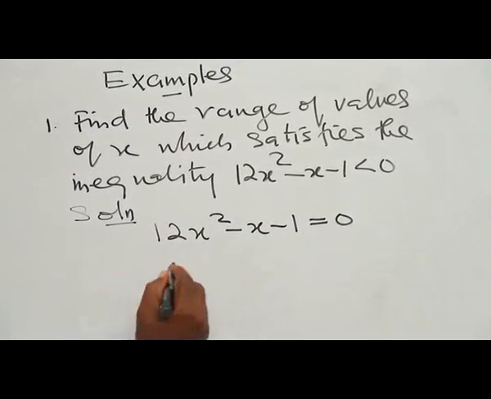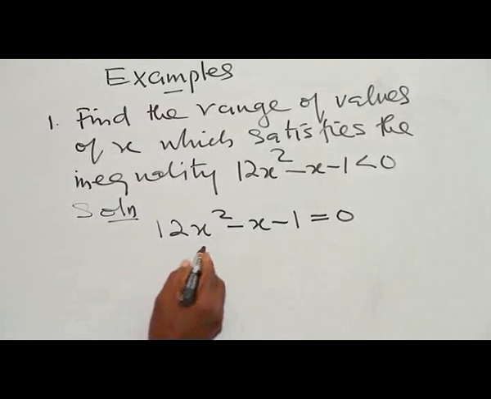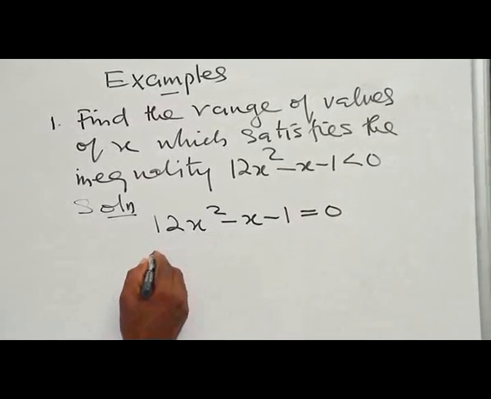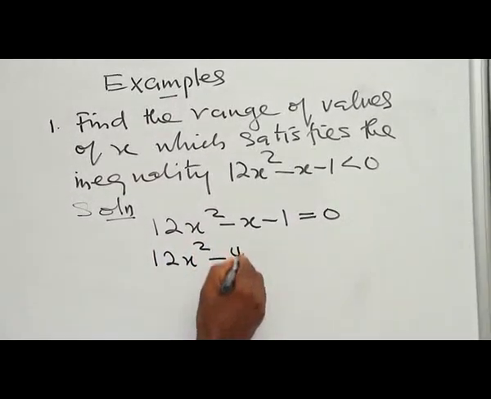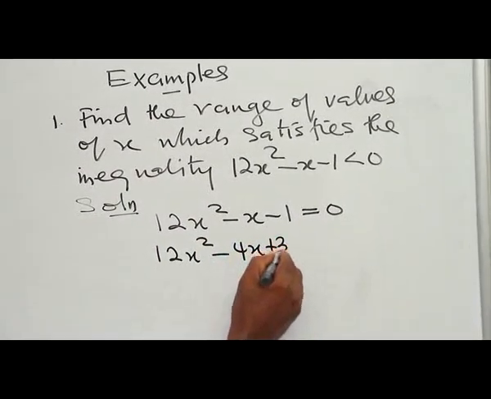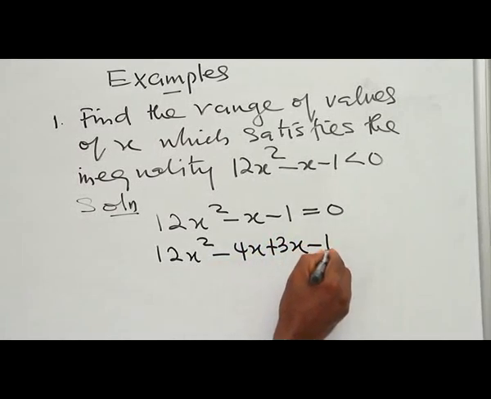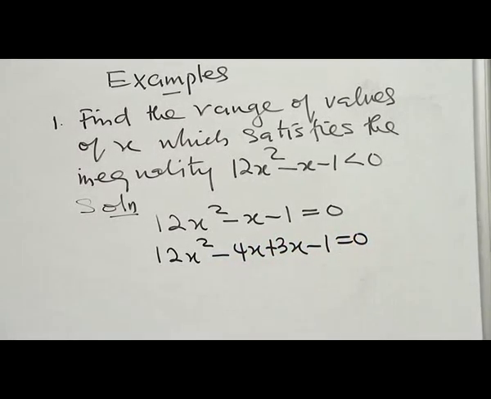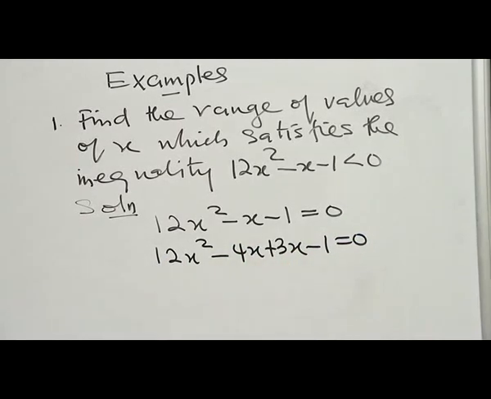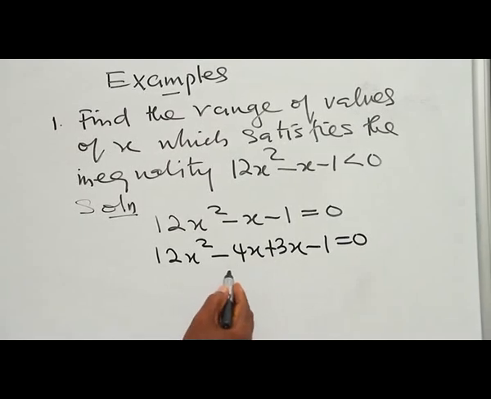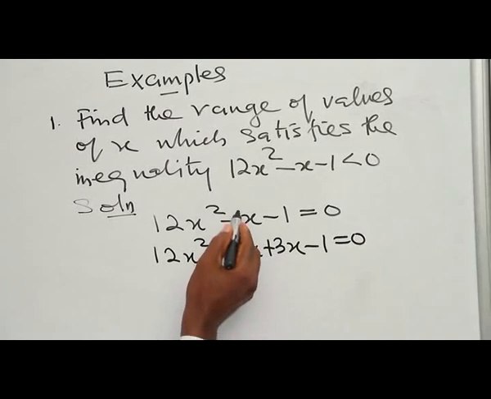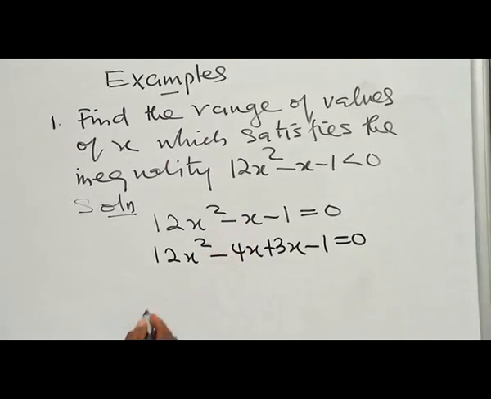So we factorize this. To factorize this, you have 12s squared minus 4s plus 3s minus 1 equal to 0.